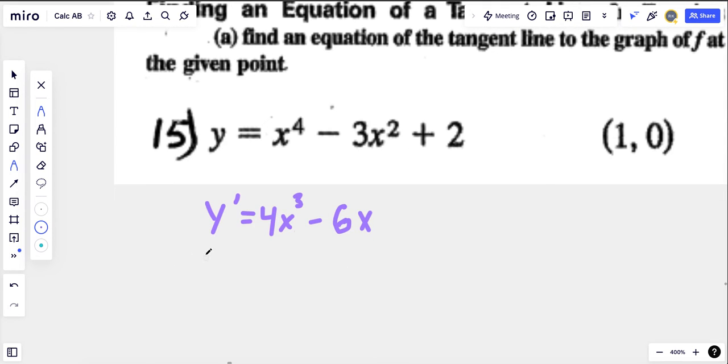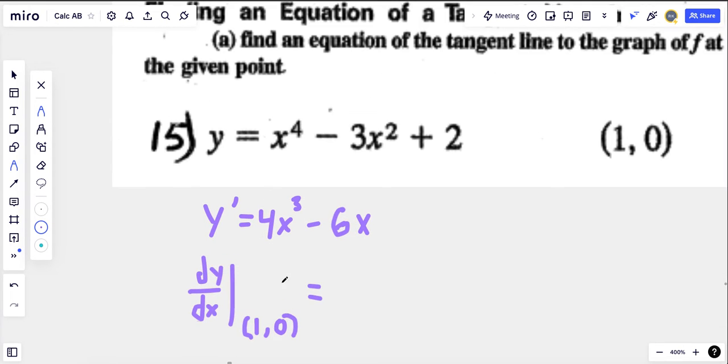There's a notation people sometimes use. You don't really have to use it, but I kind of like it. You write dy over dx, you put a line, and to show you're evaluating it at (1, 0), you put (1, 0) next to the line, and then you just plug it in.